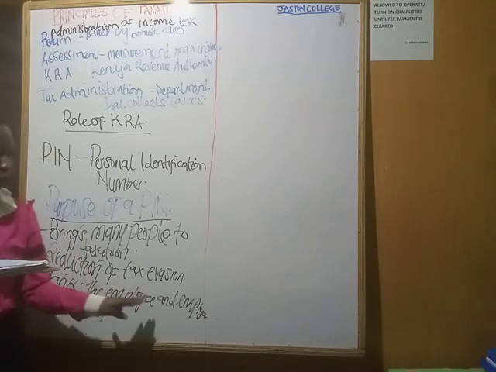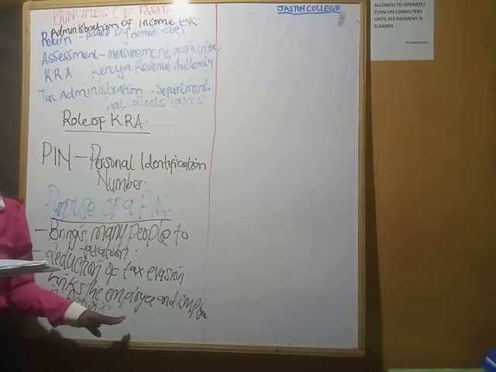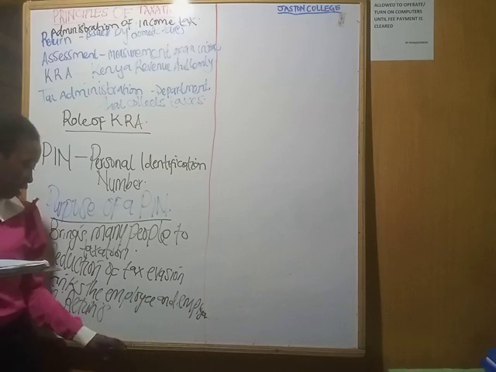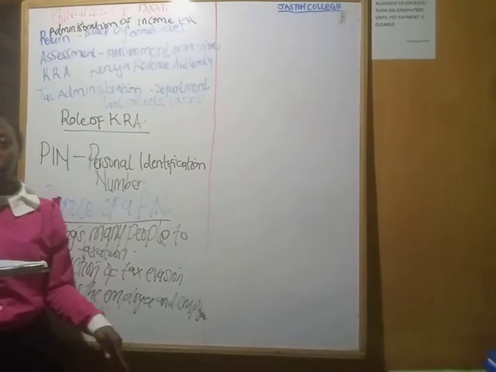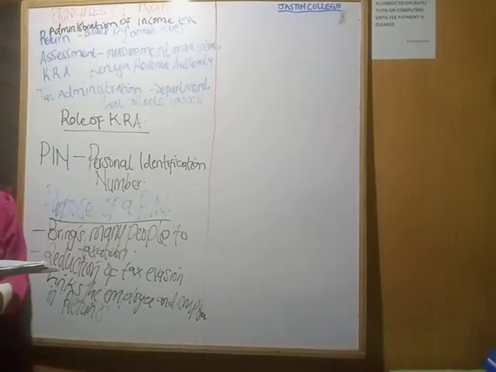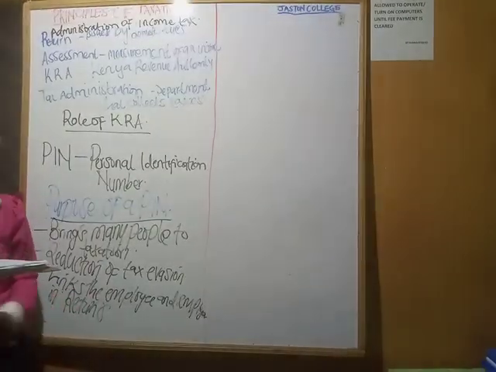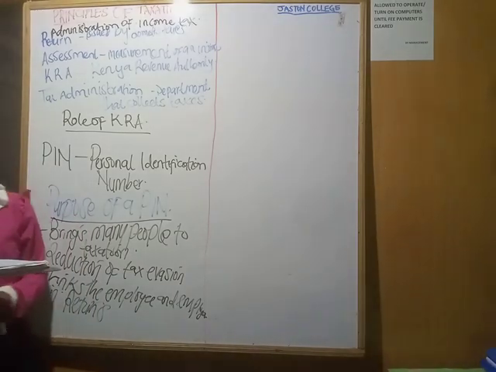The employer is the one who sends the tax on behalf of the employee to the government. So the KRA links the employee and the employer, since the employer is the one who pays taxes on behalf of the employee.